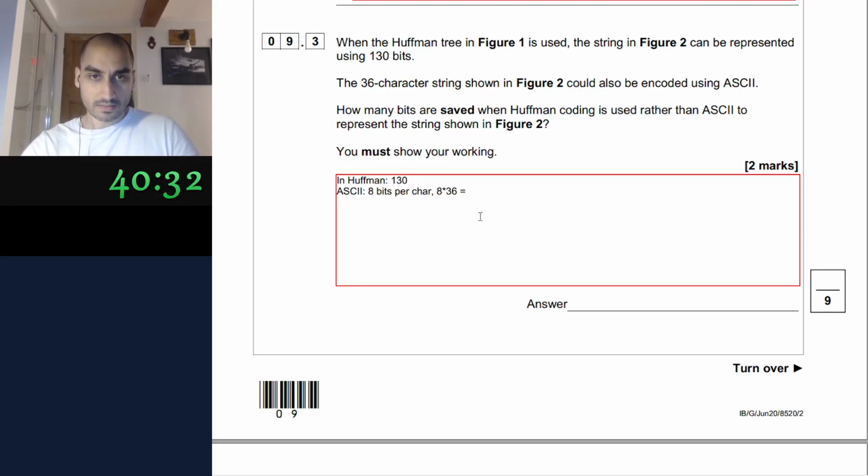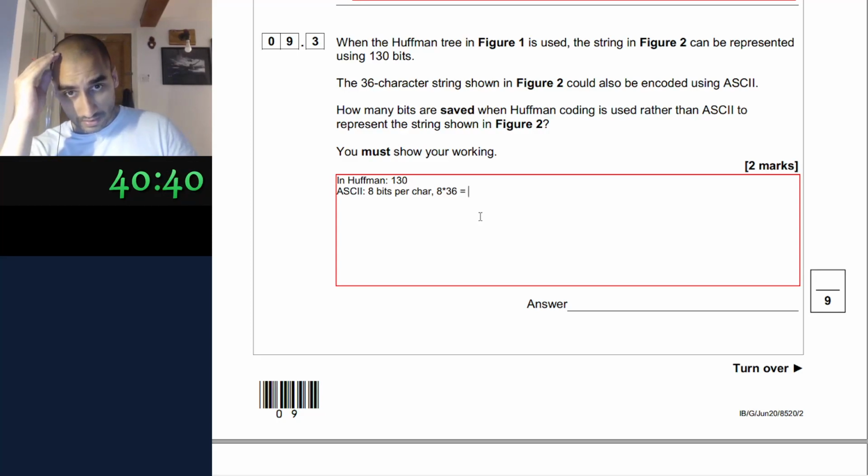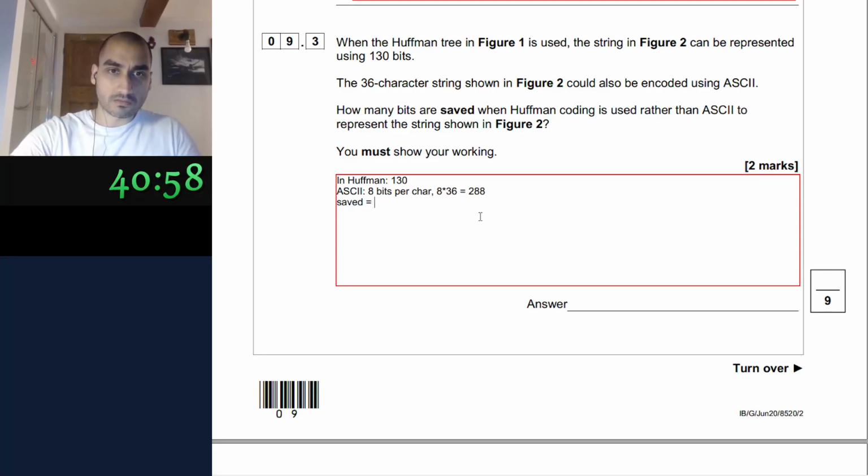So that's 8 times 36 is 288. So saved equals 288, take away 130 equals 158. It's a lot.